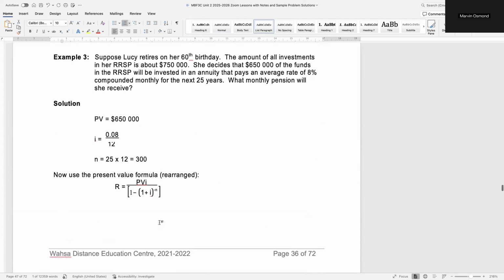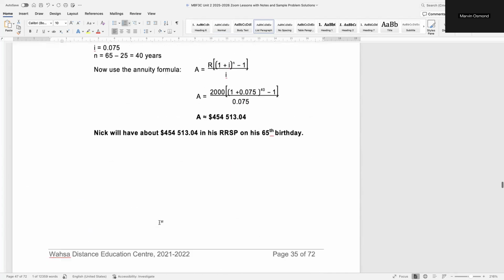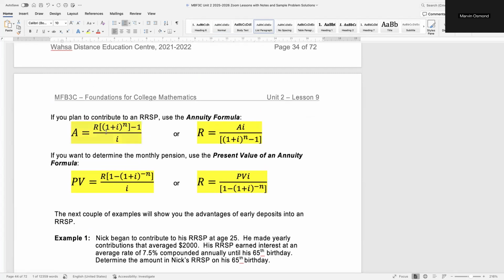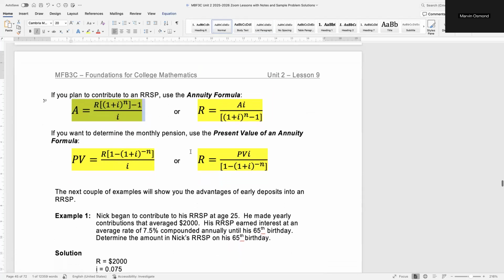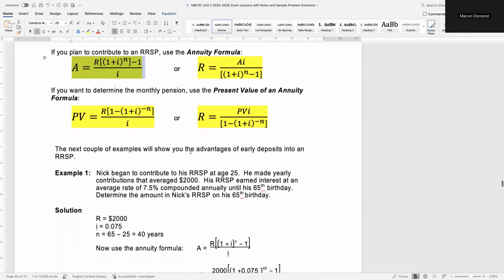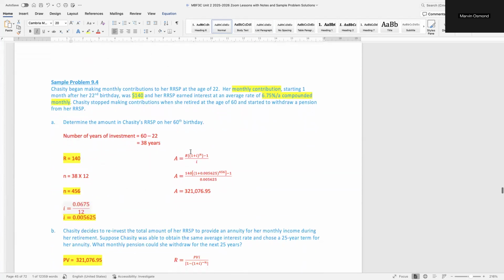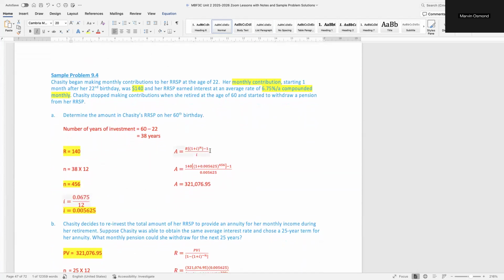So that formula is, again, up here. I'm looking for the amount, so I'm going to be using this formula right there: A equals R times 1 plus I to the power n minus 1 over I. Okay, so that's the formula.